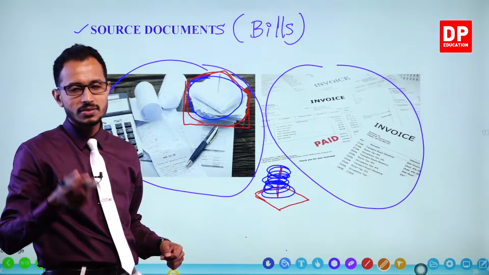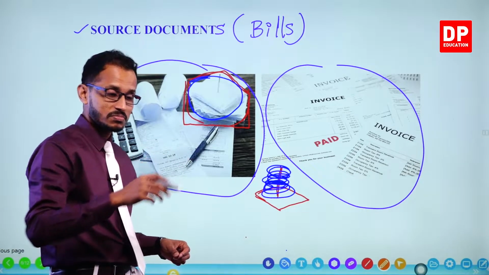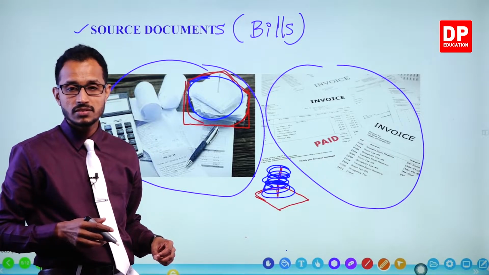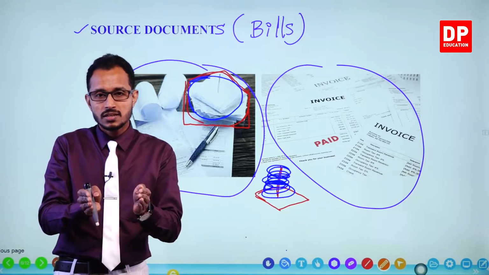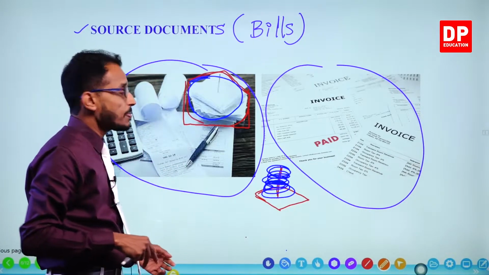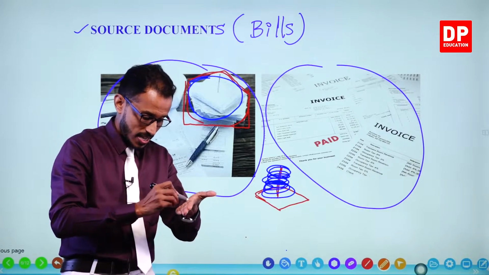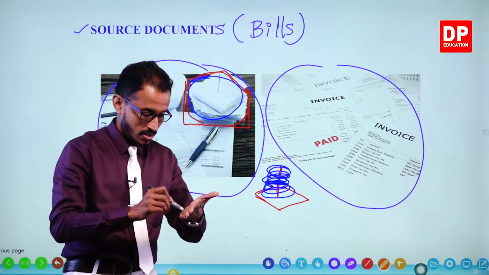If the source document is not printed from a cashier printer, there are small printers attached to every cashier. If that type of printer is not there, the Mudalali writes the bill manually by hand. Have you seen? They write the bill.